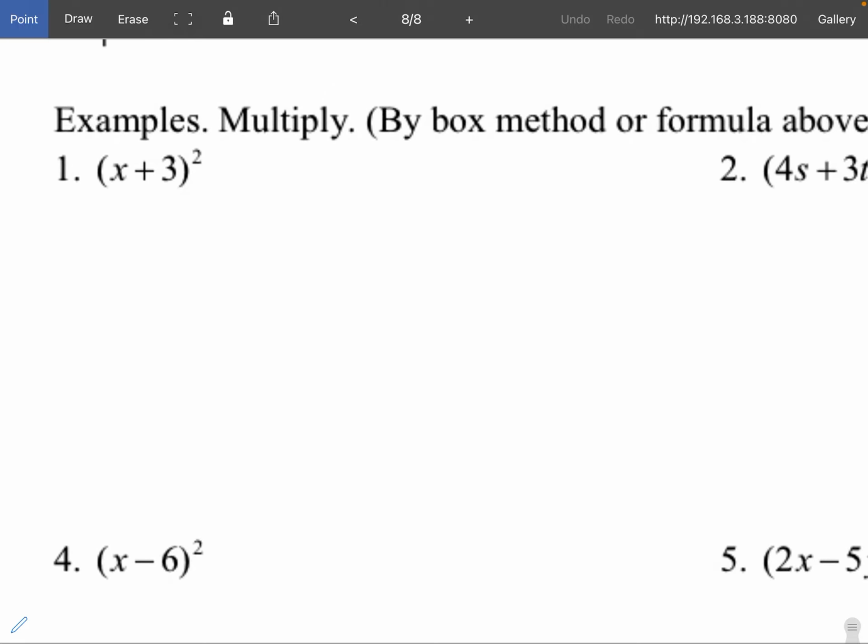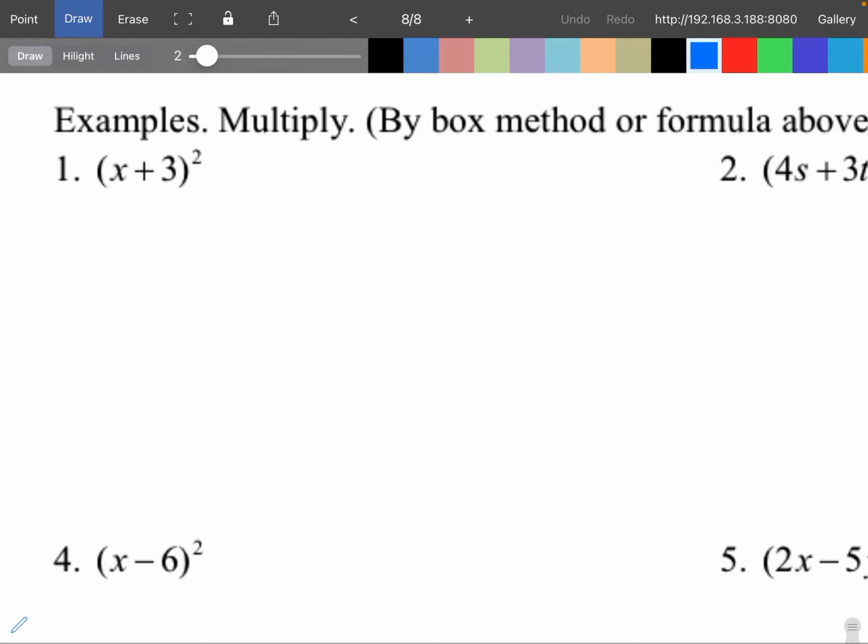So again, there's a lot of glare up there on the board, but hopefully you guys can see that. So on number 1, well, how do you do x plus 3 squared? What would you do? From Wednesday, what would you do? It's the quantity x plus 3 squared, so how do I do it?